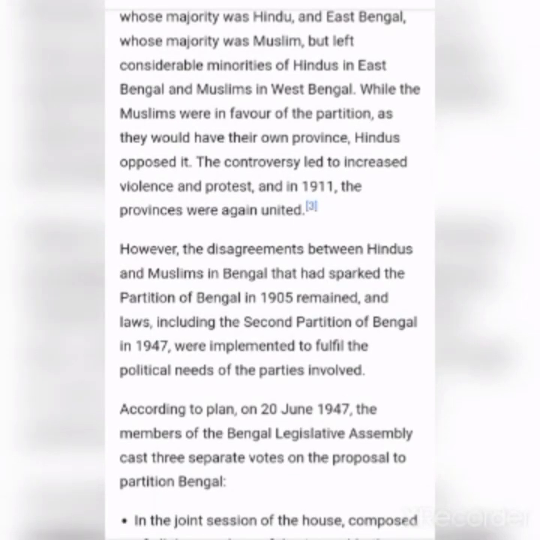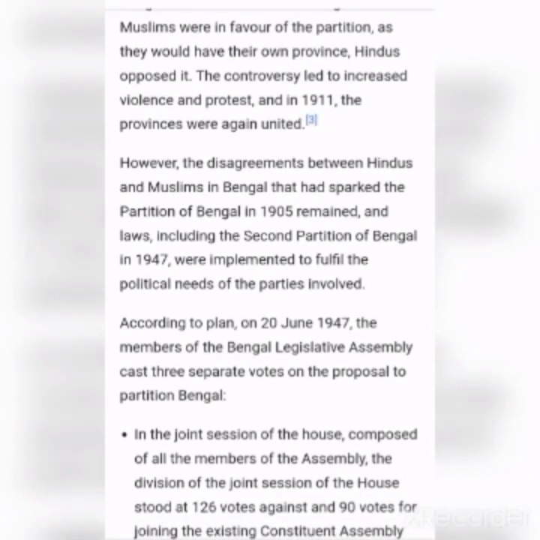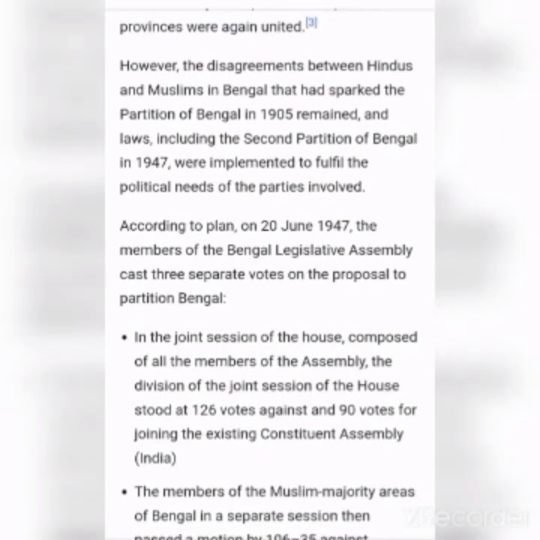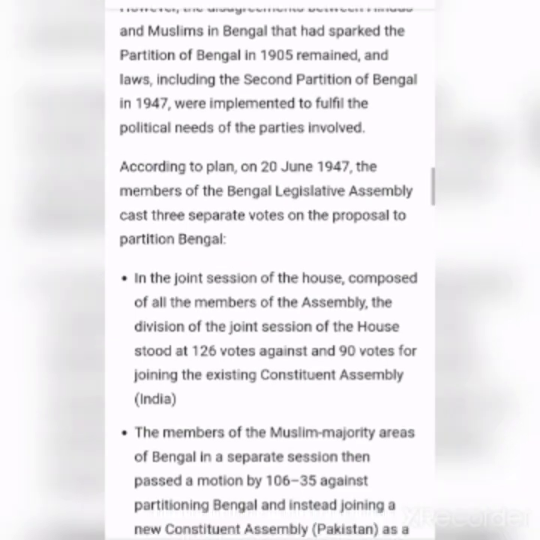According to plan, on 20 June 1947, the members of the Bengal Legislative Assembly cast three separate votes on the proposal to partition Bengal. In the joint session of the House, composed of all members of the Assembly, the division stood at 126 votes against and 9 votes for joining the existing Constituent Assembly of India.